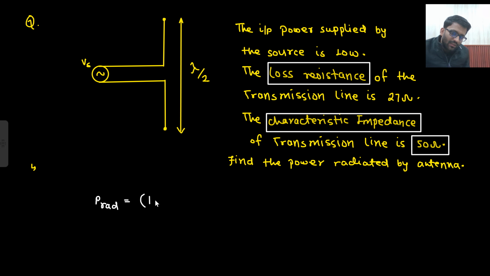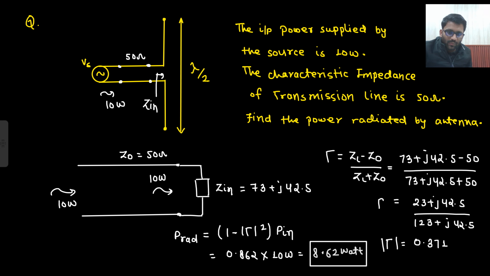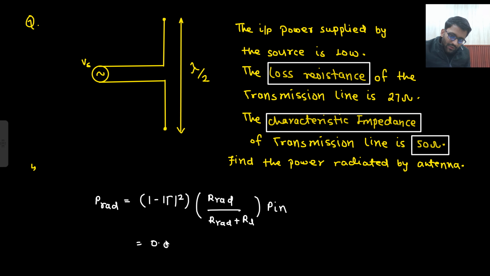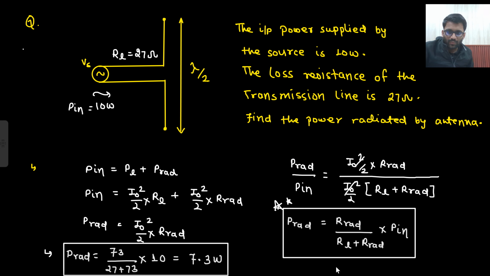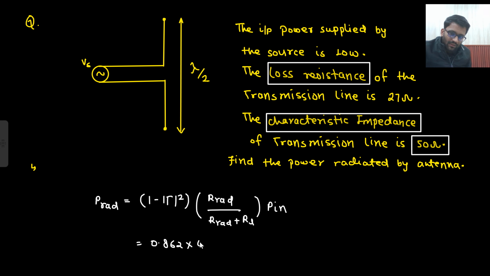Which is the first loss? 1 minus mod of gamma square. And what is the second loss? R radiated upon R radiated plus loss resistance, into P in. So what was the value for this one? 0.862. And what was the value for this one? 0.73, into P in.